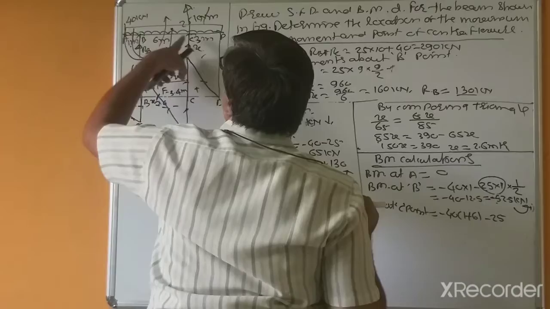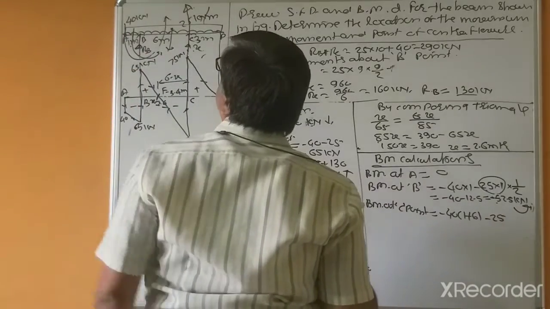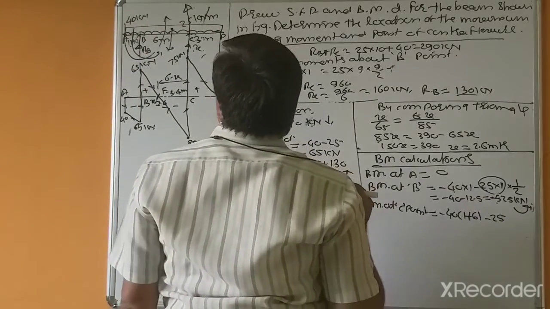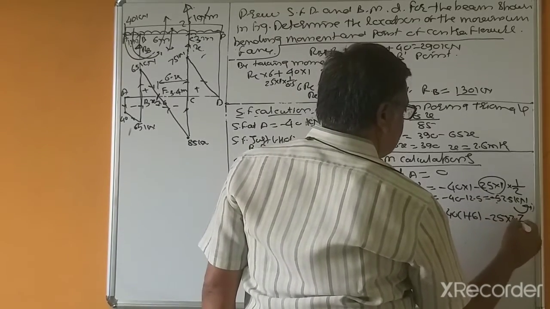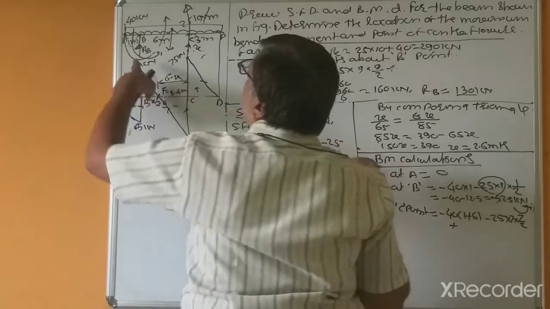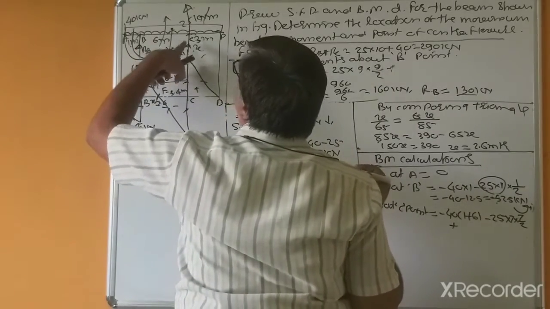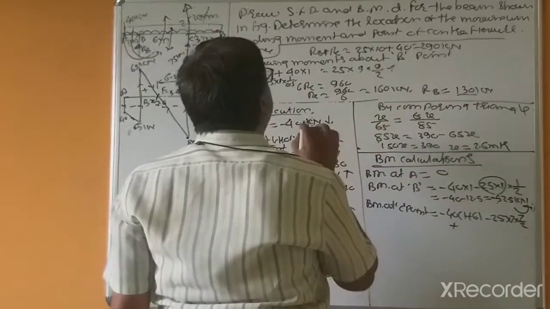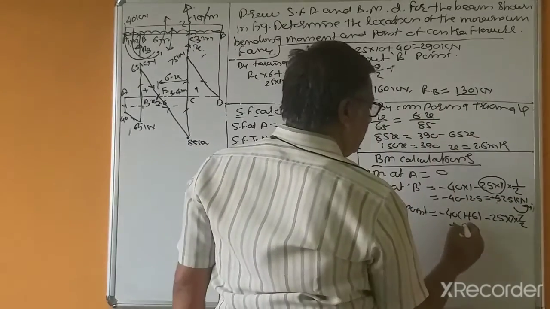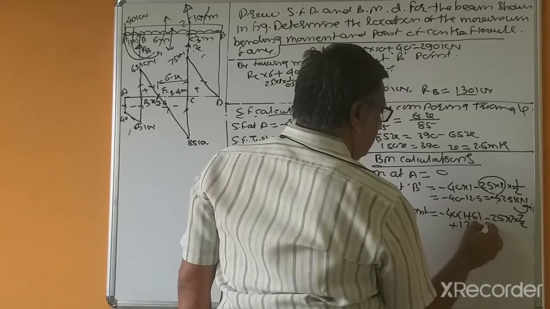Now we calculate the total load, which you can consider as 25 into 7 and half of its distance, plus RB multiplied by 6. RB is 130, so 130 into 6.